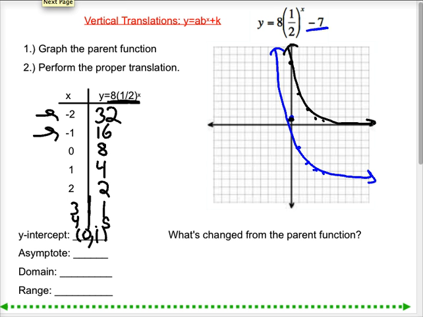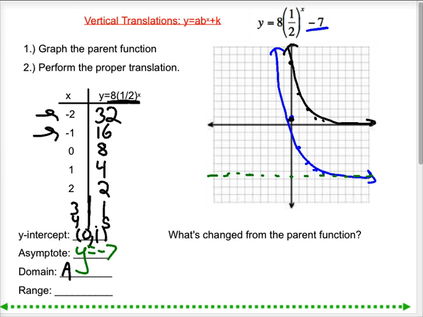What I'm more interested in is the asymptote. So this asymptote, look at what happened this time. All right, so what happened to my asymptote? Well, it shifted down. Interesting. So this is the first time we've seen that happen. The first time that the asymptote has moved.